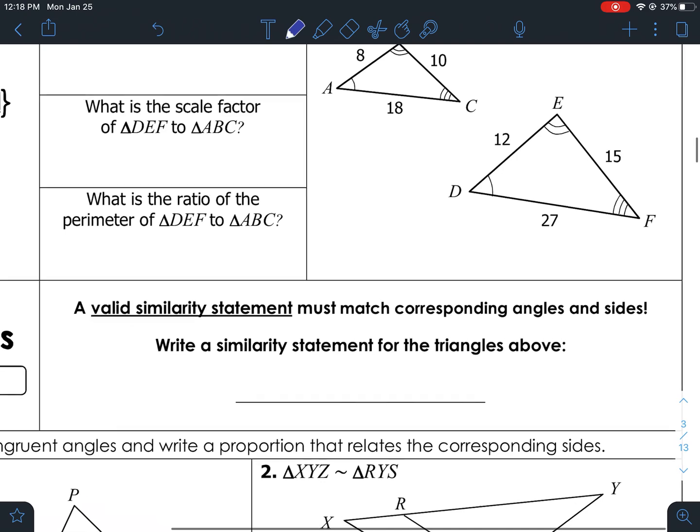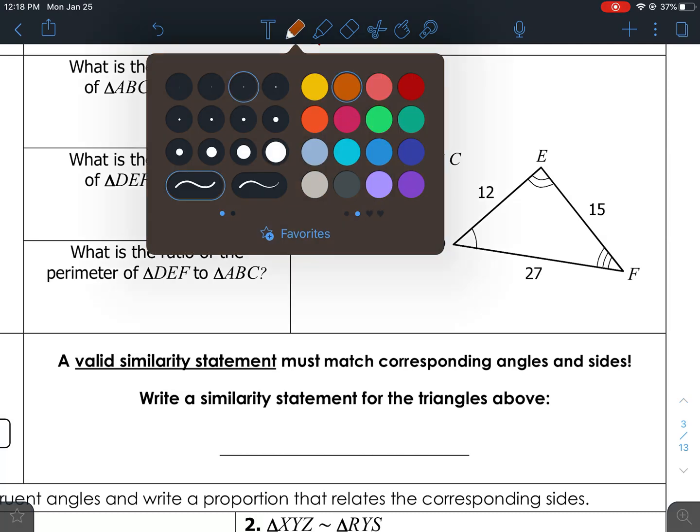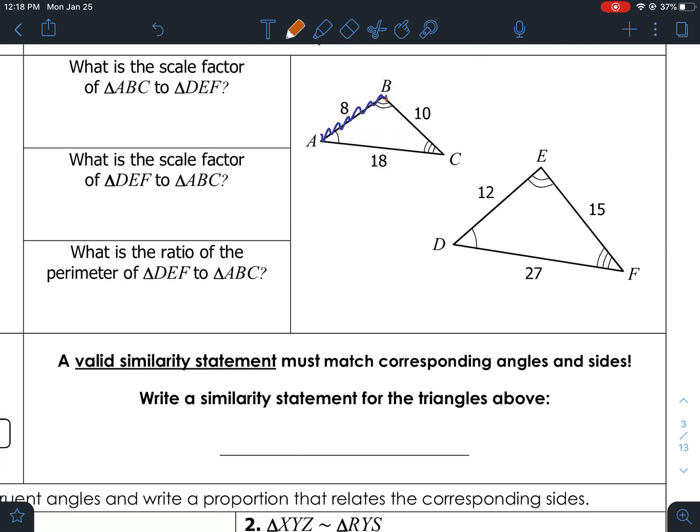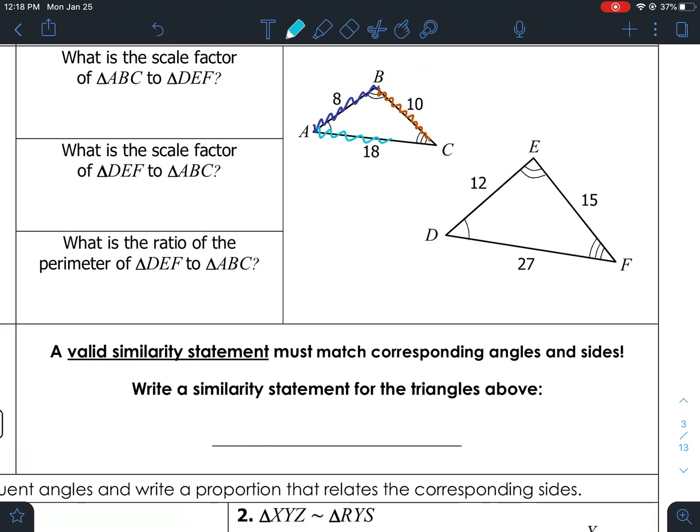Now, one way that I always do this is by labeling things with color. So for example, A to B, I'm going to label with this purple color. And then B to C, I'm going to do this orange color. And then let's do a light blue color. Okay, I'm going to label my other triangle the same way.